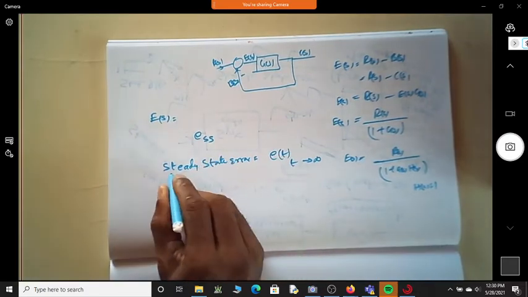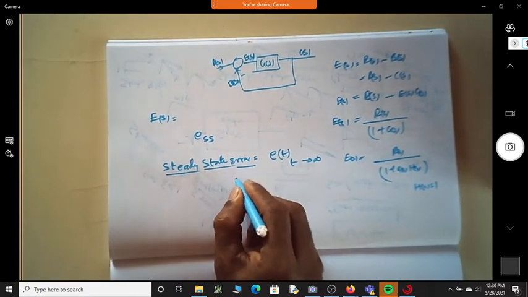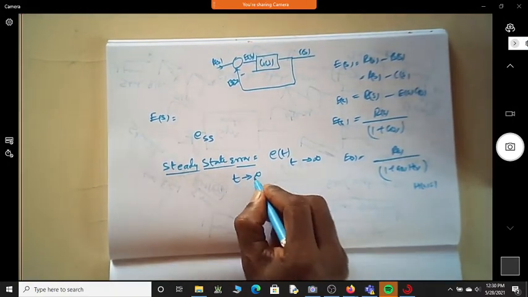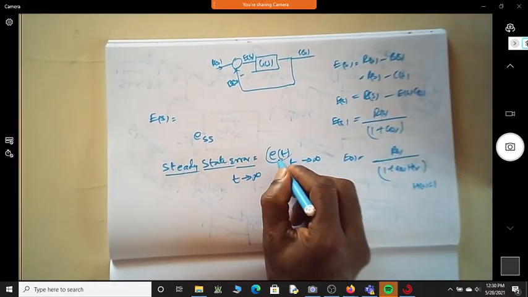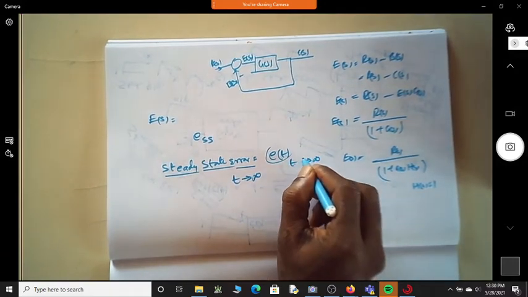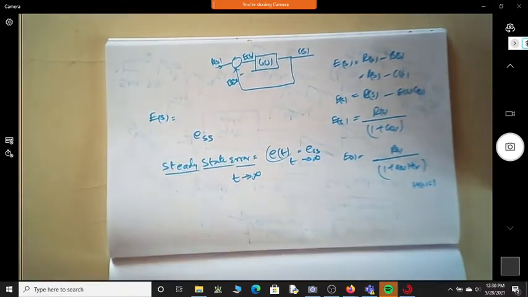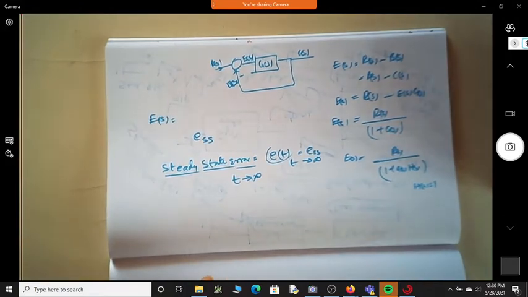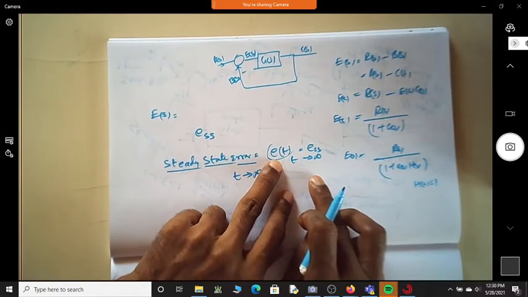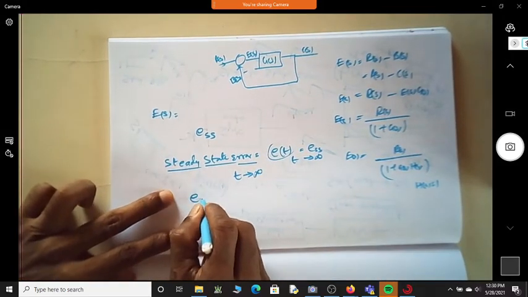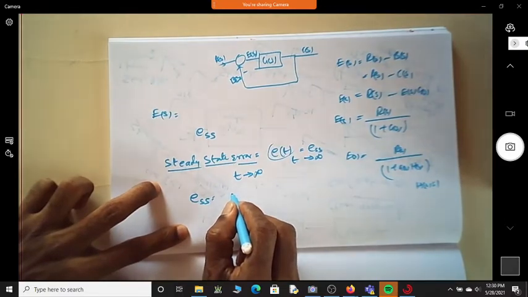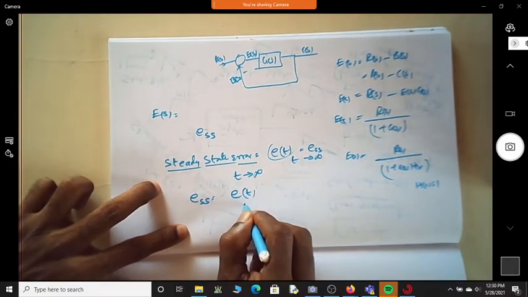Because you are looking at steady state error, when you say steady state, it is t tending to infinity. As t tends to infinity, this becomes ESS.